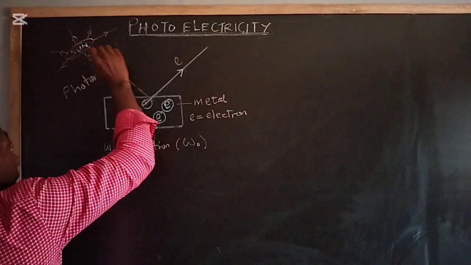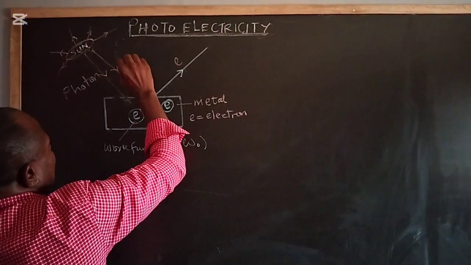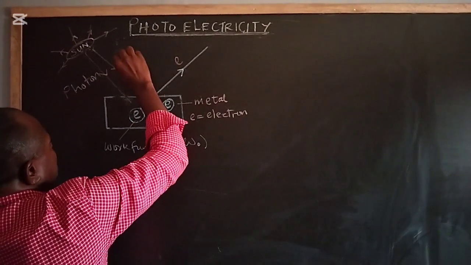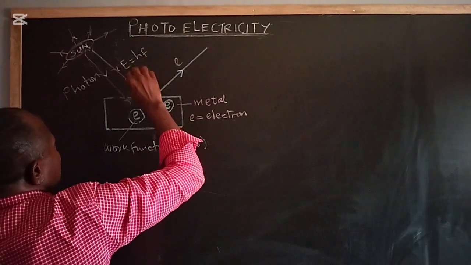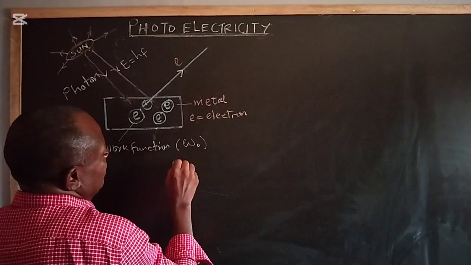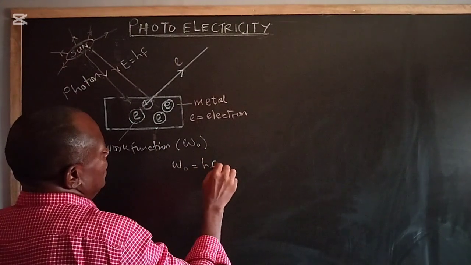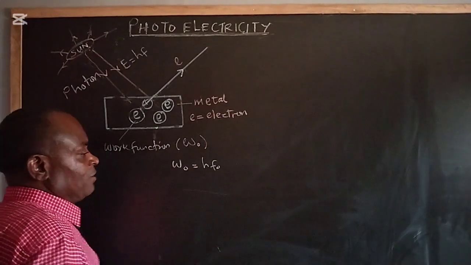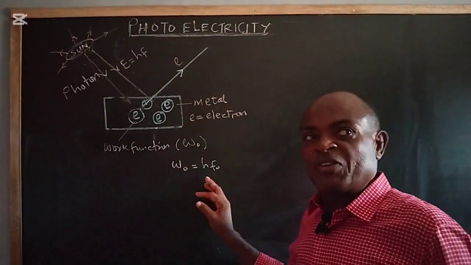And then the packet of energy from the sun is the energy of radiation, commonly represented as E equals hf, defined as Planck's constant times the threshold frequency. f0 means threshold frequency.